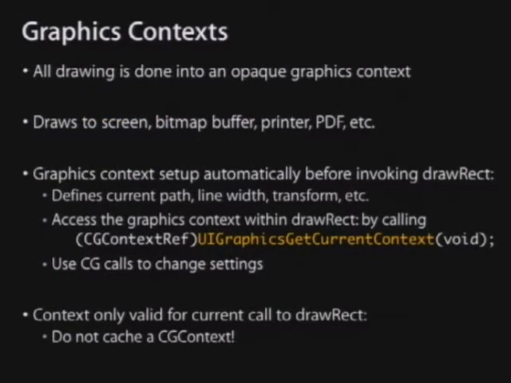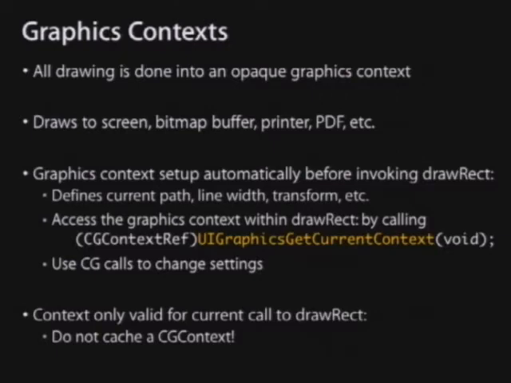So all of this happens within a graphics context. When you override drawRect, you're actually drawing in something called a graphics context. It all gets set up for you before you get called. So in general, you don't need to create your own graphics context. There's an exception, which we'll talk about in a sec.